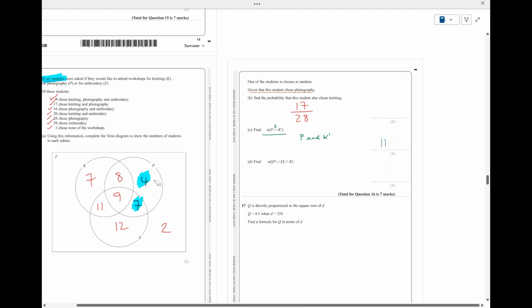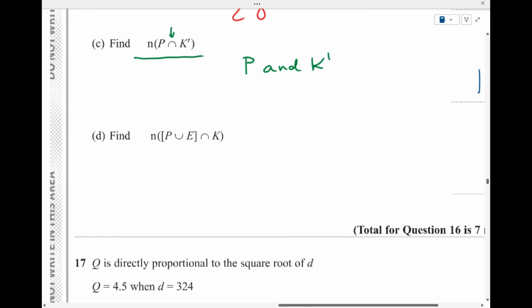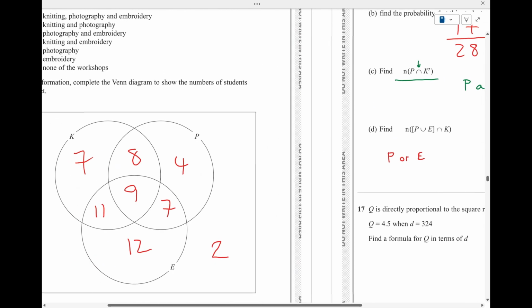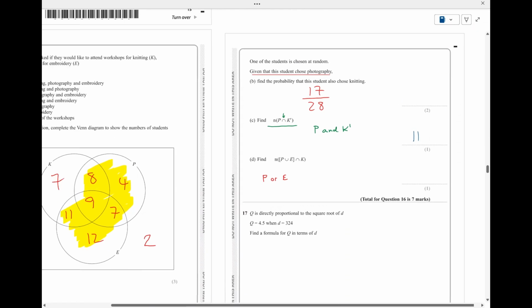Okay, and lastly, find the number of students who are in P or E. Let's do those first, shall we? P or E. That's these guys, they are all in P or E. Okay.